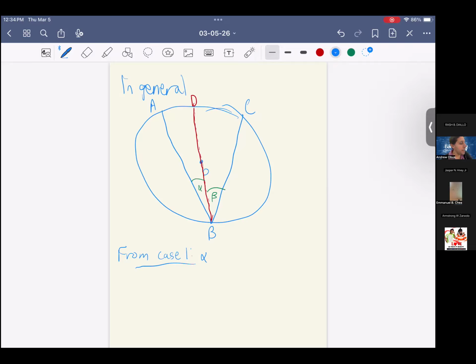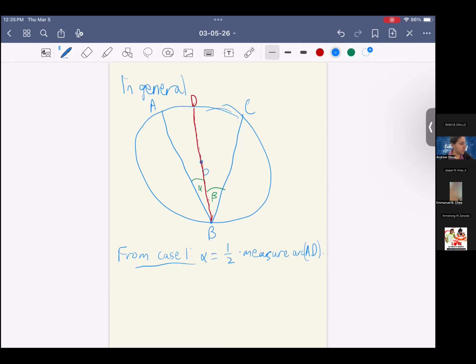But what I am claiming is that the measure of angle alpha is equal to 1/2 times the measure of arc AD.